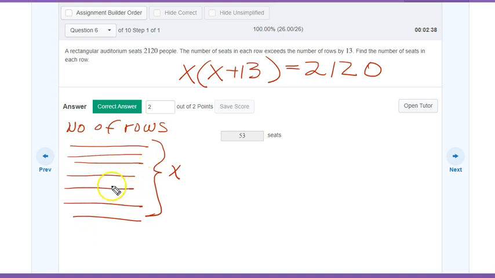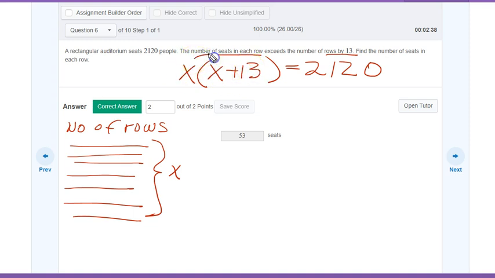We don't know how many they are. We're going to say it's X. But here it tells us the number of seats in each row exceeds the number of rows, which we said was X, by 13. So X plus 13 is the number of seats in each row.